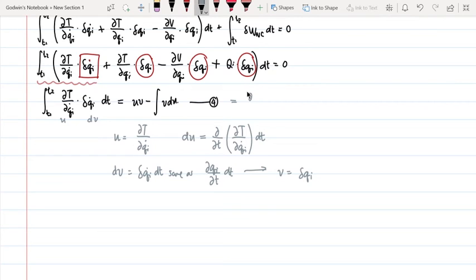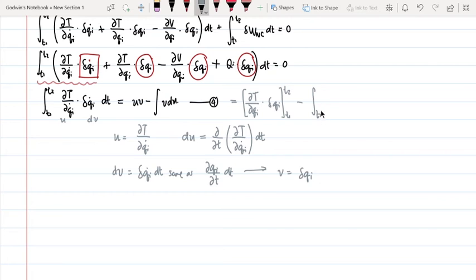where is that? Ito. Oops. Partial t over partial qi, and then delta qi, and then from time 1 to time 2, minus, this is minus, right?